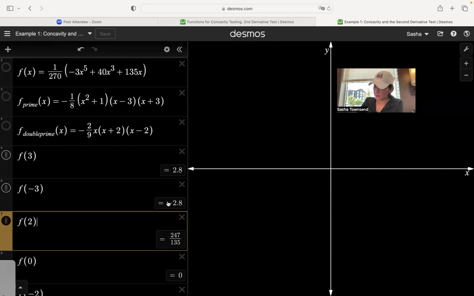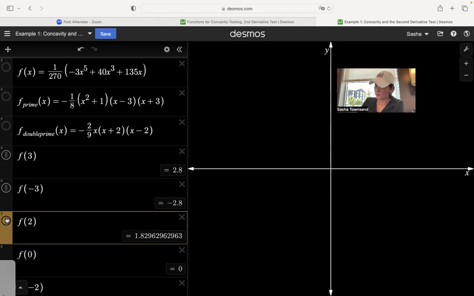F of 2 turns out to be 247 divided by 135. I don't know what that is, but I can find a decimal approximation by pressing that button on the side. So that's approximately 1.8296.